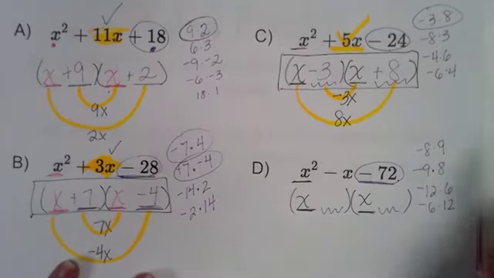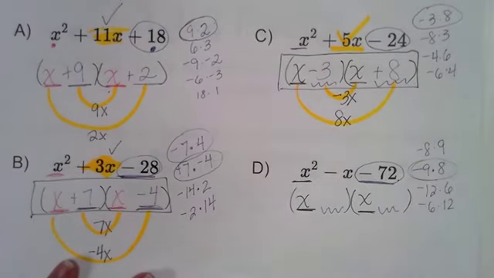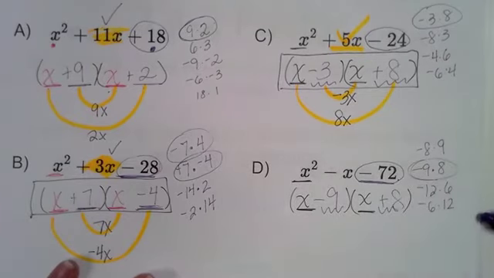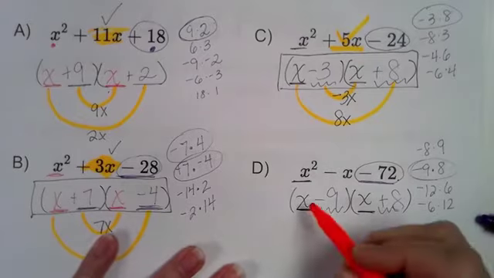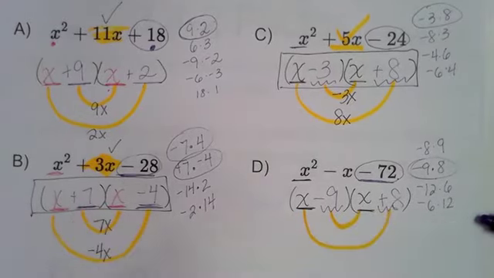All right. Which one do we want? 8 times negative 9, I heard. Negative 9 times 8. Negative 9 and a positive 8. How are we going to make sure we did it right? Check the rainbow.